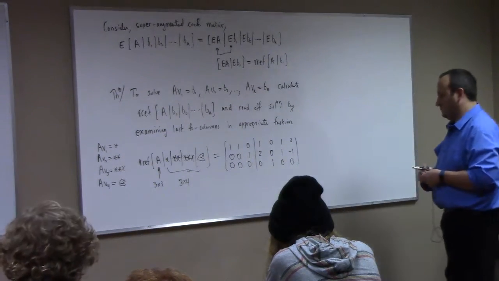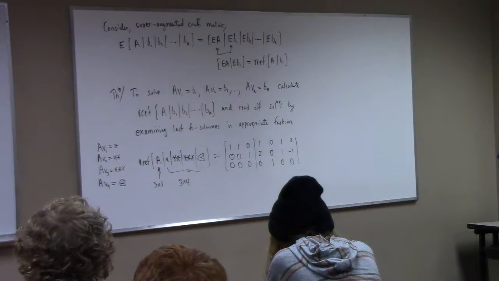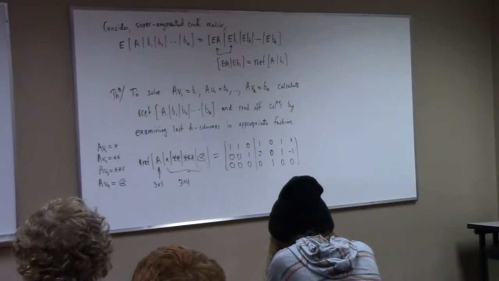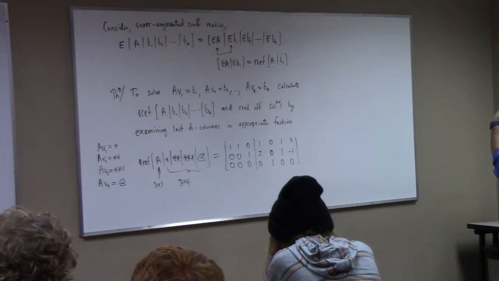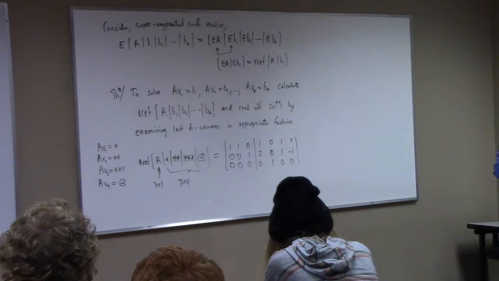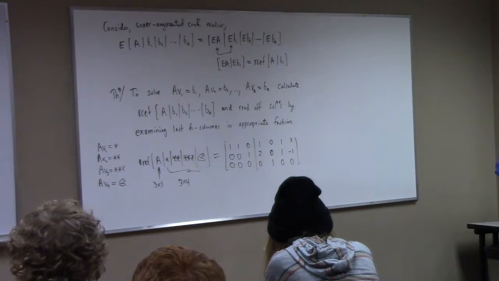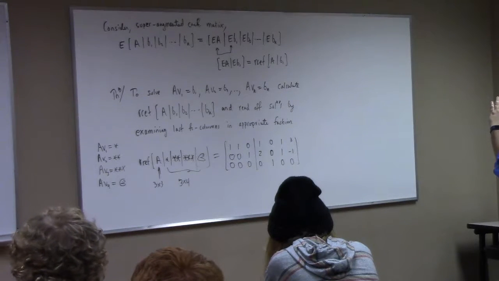I mean, I think that's a reduced row echelon form, yeah? Can that be row reduced? It cannot. The pivots are all e1, e2, e3.